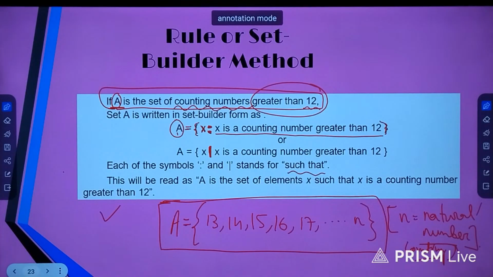If this question is asked in your exams, then this will be the answer that you are going to write in your exams.